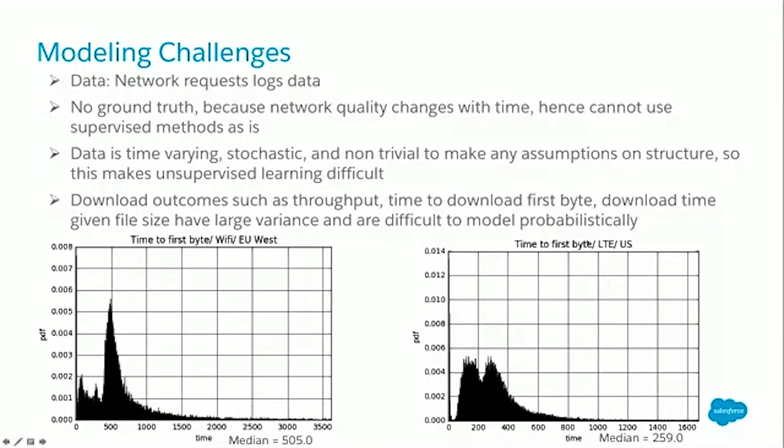Both of these are histograms and probability distributions for the time to download the first byte, and they are shaped differently. If I add more combinations, we'll see more variations in how this distribution even looks. So it's difficult to decide on a particular family of exponential distributions and estimate parameters because it changes so much.